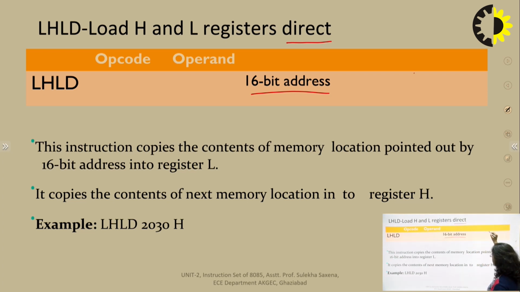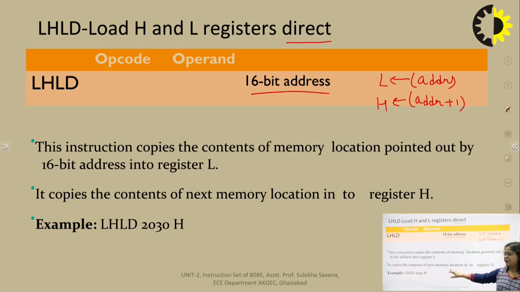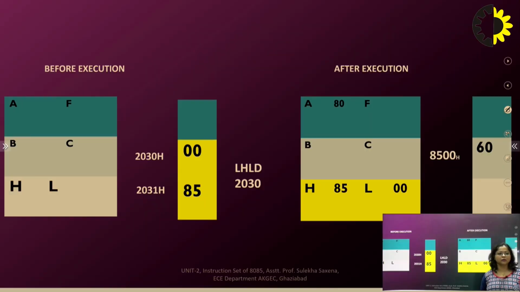For example, the content of address 2030 is copied to L, and address plus 1, that is 2031, is copied to H. So this instruction copies the content of the memory location given by the 16-bit address to L, and the next memory location to H. If we use LHLD 2030, let the address content be 00 and address plus 1 content be 85.